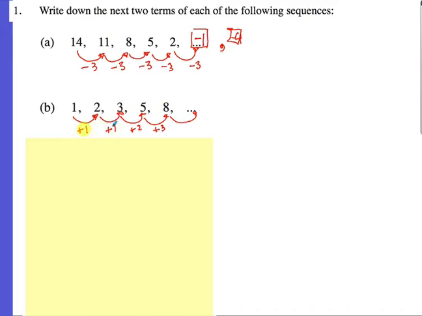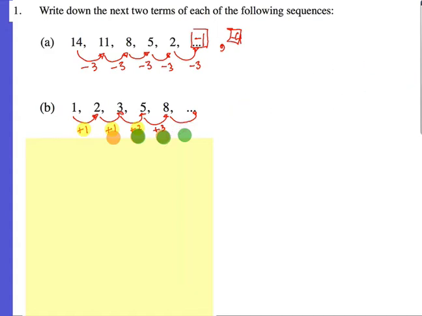Notice when you do 1 add 1, you get 2. And when you do 1 add 2, you get 3. So to get the next one, we need to do 2 add 3 to give us 5.